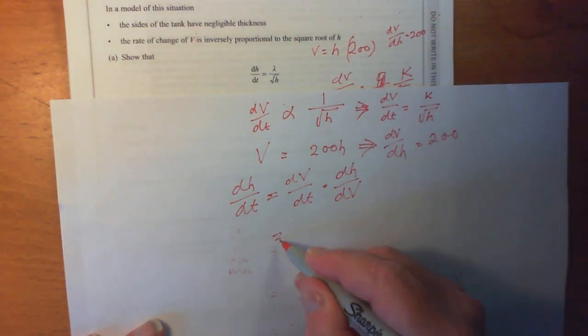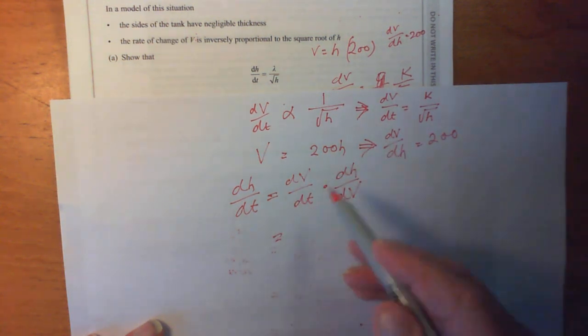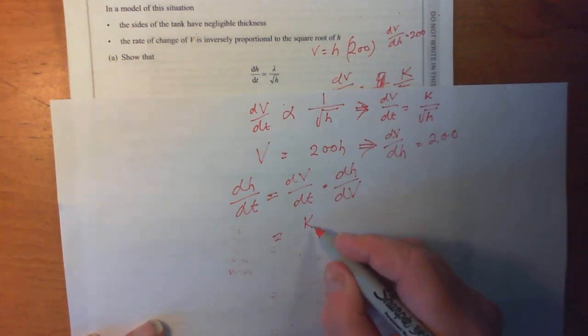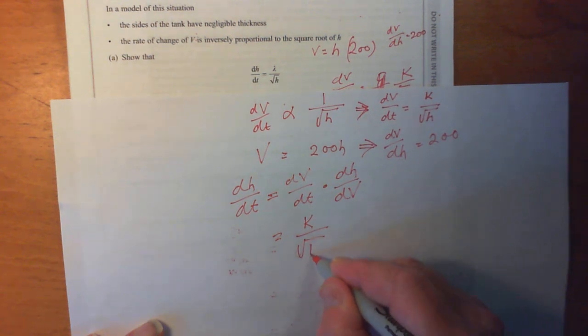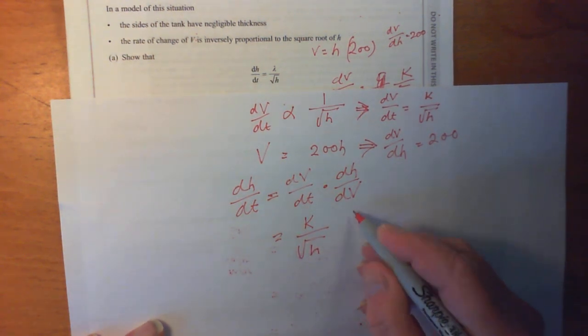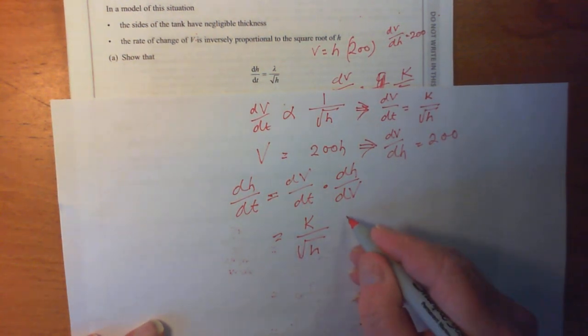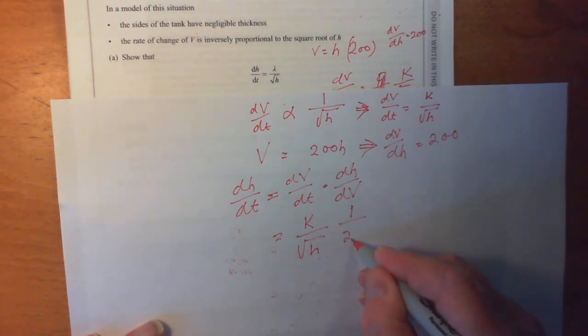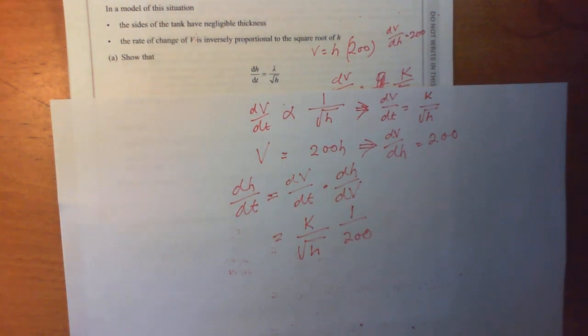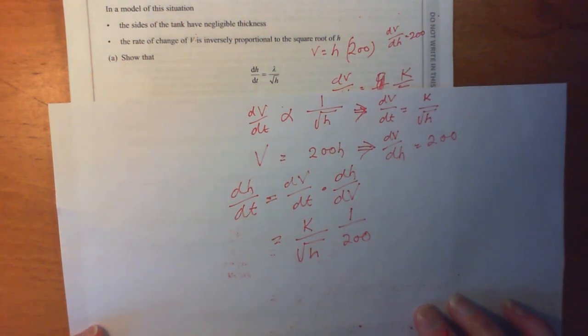I've got the dV over dt, which is k over root h, and that is that. So it's 1 over 200 times that.